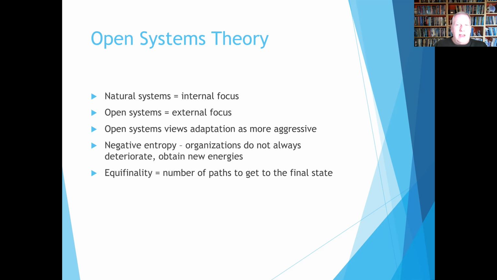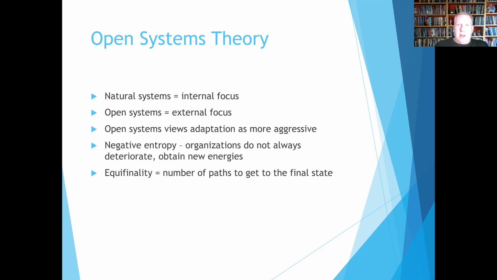He really questions that and says we shouldn't look at them as living organisms, but instead should focus on the consequences of the actions of those organizations, and specifically the consequences for those outside the organization, for those members of the external environment. So his utility is that he's now moved us from an internal focus, like with natural systems theory, to an external focus with the rise of open systems theory.